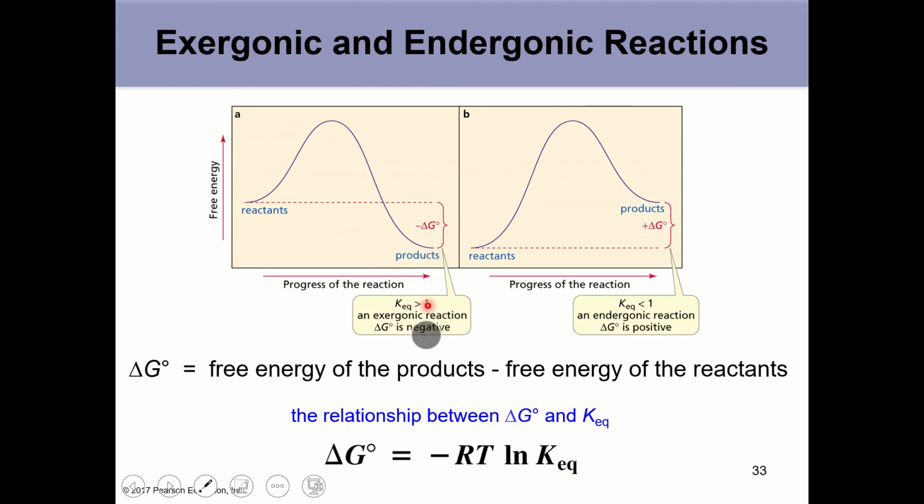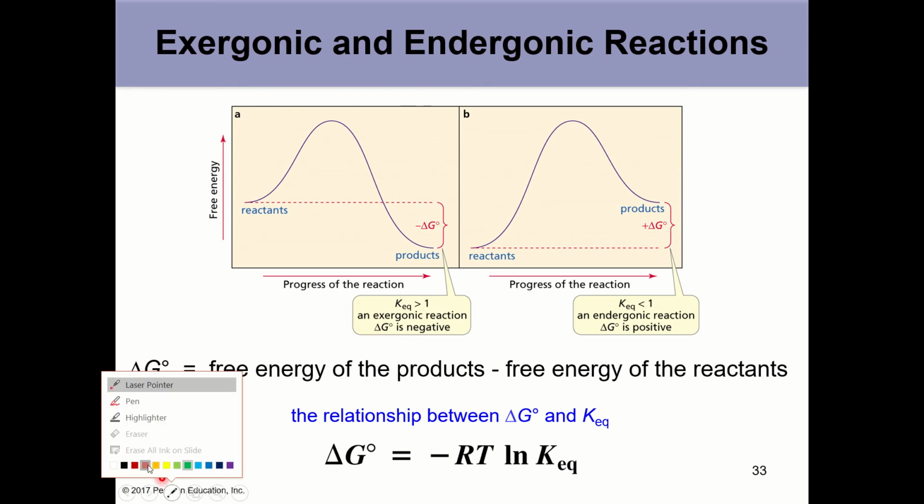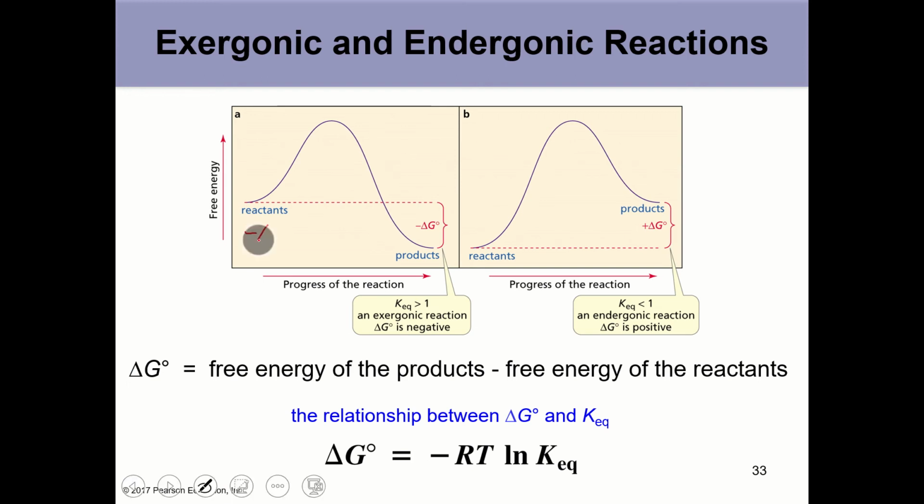When KEQ is greater than 1, an exergonic reaction, delta G is negative. So those are two characteristics of exergonic reactions. Delta G is negative and KEQ is greater than 1. Products are favored.